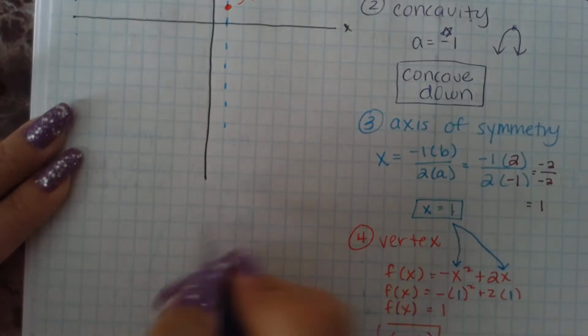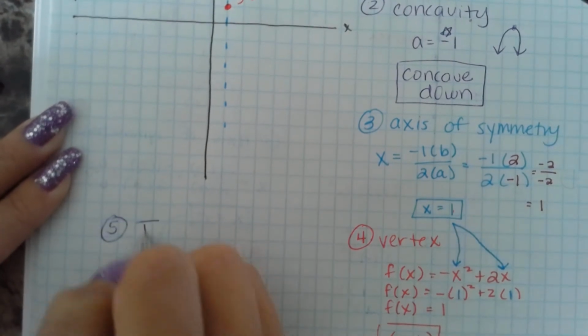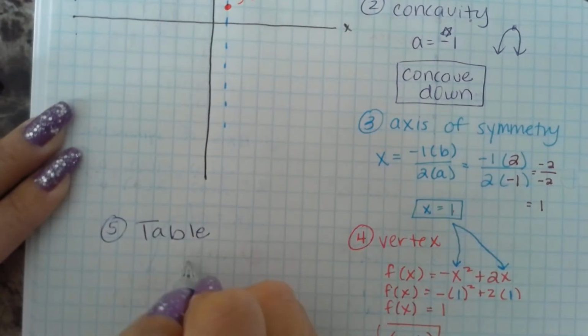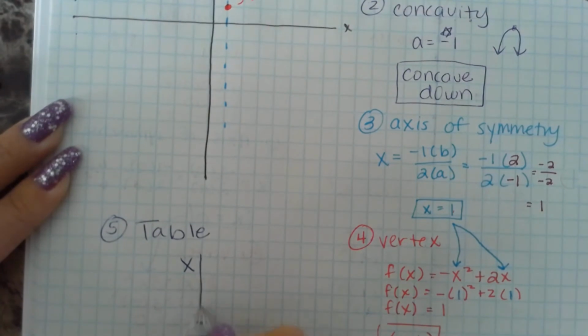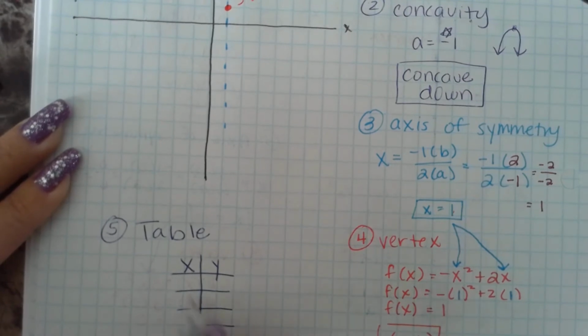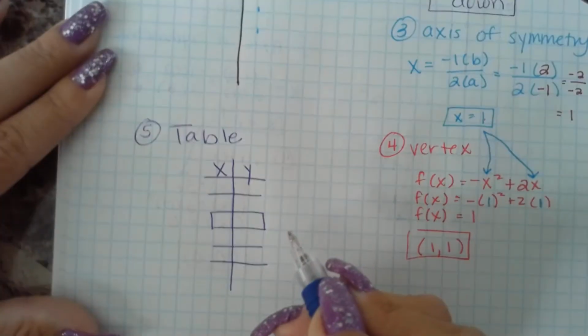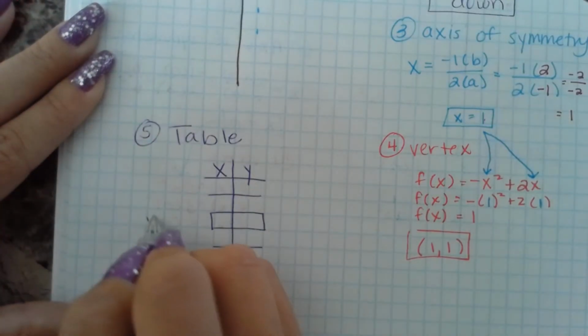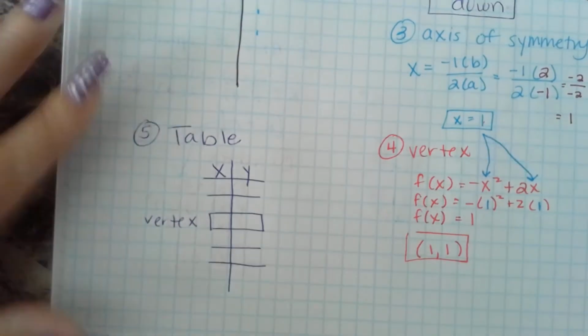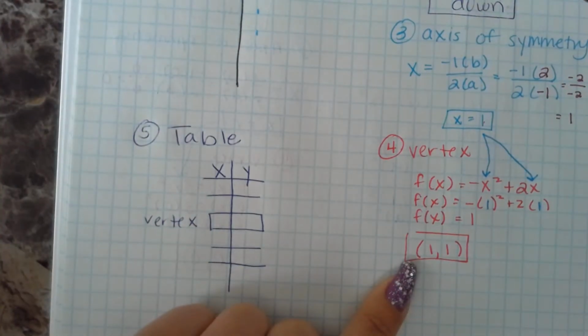So, step 5, the table. So we know we're going to have an x piece and a y piece, and we know we need to have about 5 blanks. 1, 2, 3, 4, one more, 5. And right in the middle, we are putting our vertex. And our vertex is 1, 1.